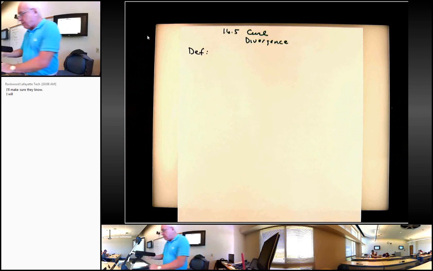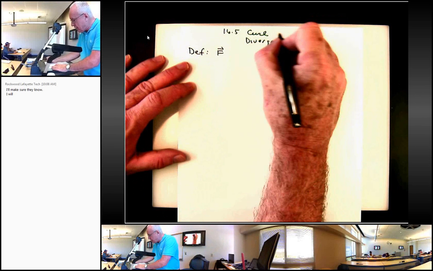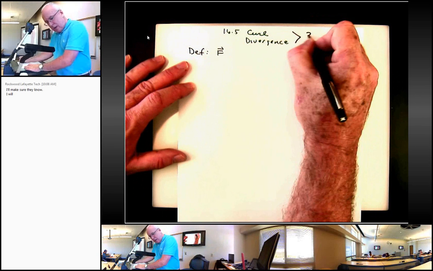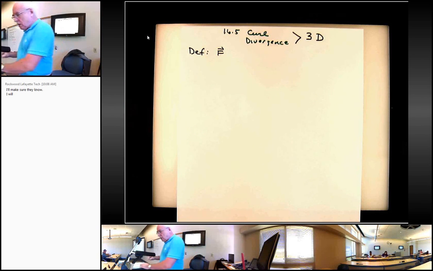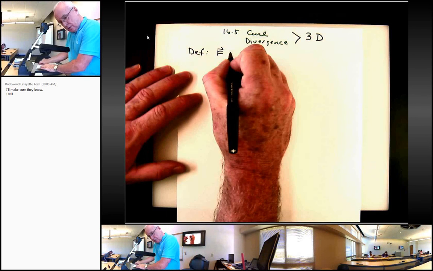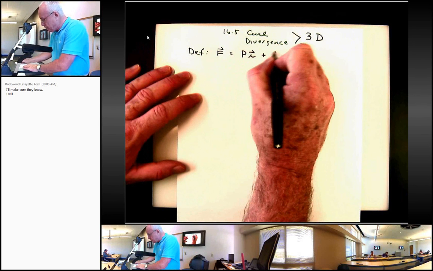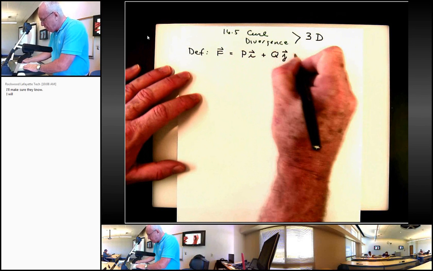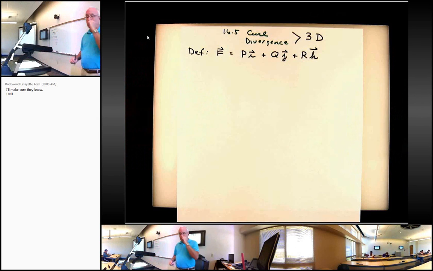So we're talking about a force field or a vector field. Now for this section, we're talking about 3 dimensions here. Okay. So we've got a force field that's equal to some function p times i plus some function q times j plus some function r times k. So it's 3-dimensional.